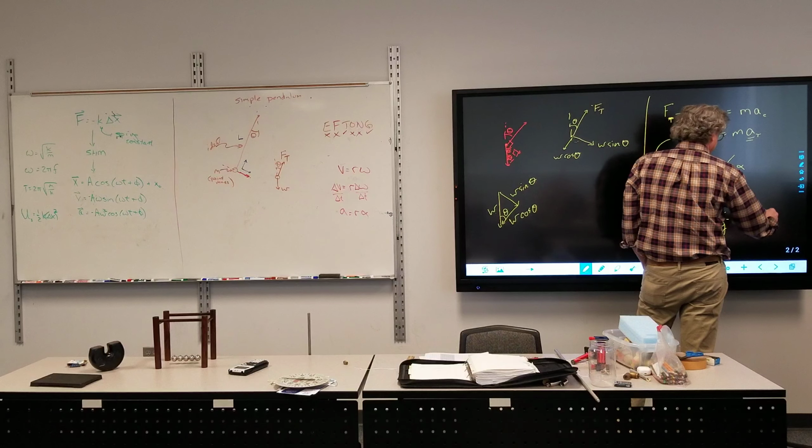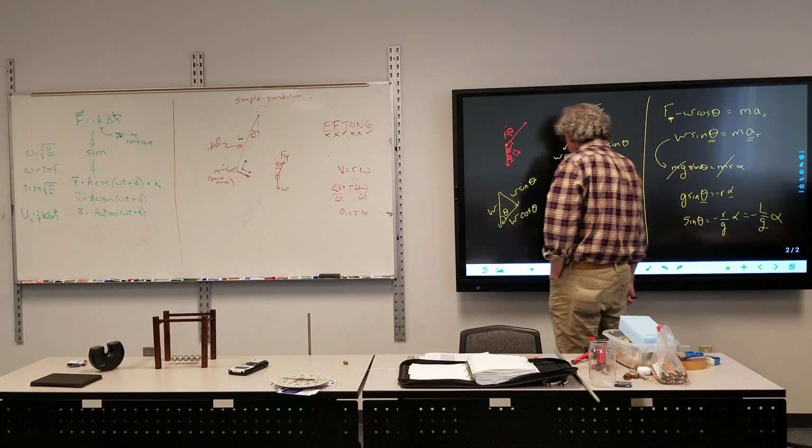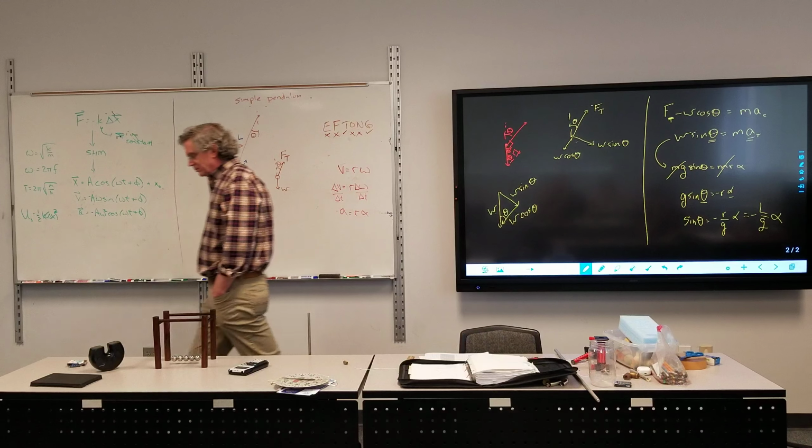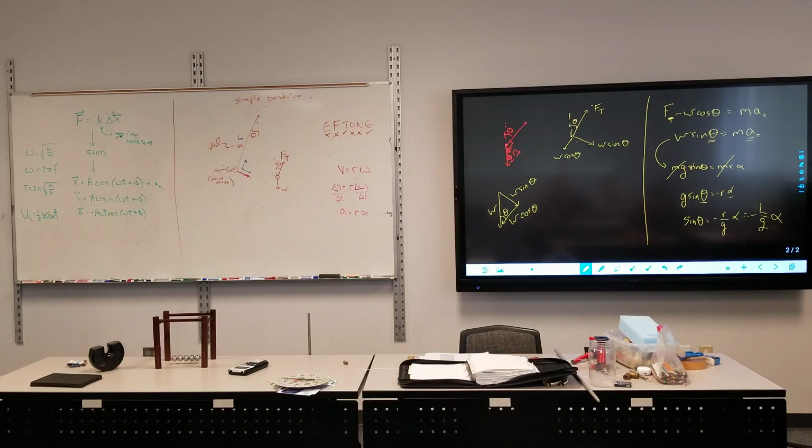So this becomes negative L over g times alpha. Now all we have to do is solve that. And solving that is not particularly easy to do. So we have to rely upon the pre-computer days.